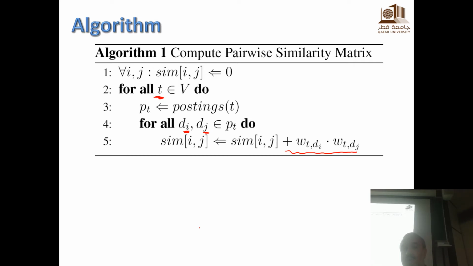Okay, so for a specific pair of documents, all the terms that are in the intersection between I and J will have their contribution. Remember that we said we only need to look at the terms that appear in the intersection? Is that guaranteed here?